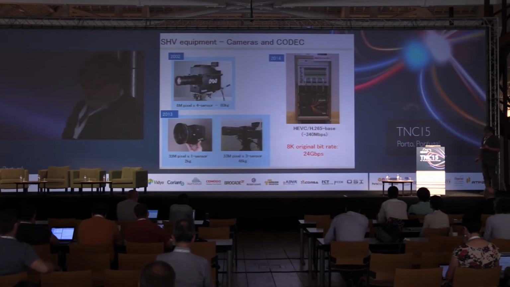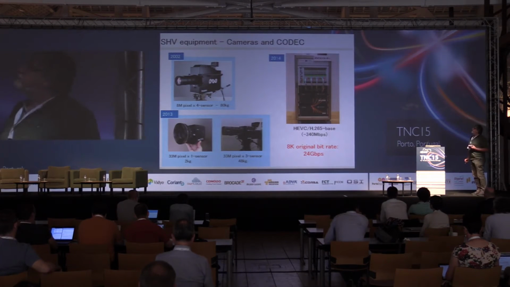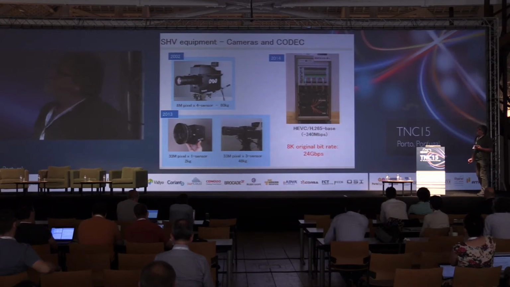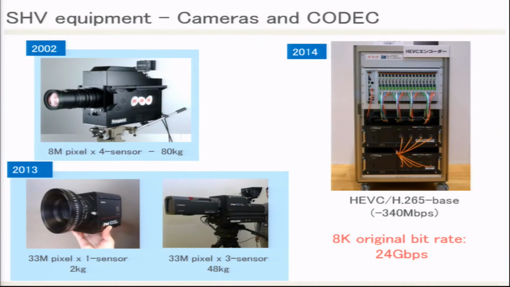Some of the equipment that has been developed: on the top left is the first 8K television camera, which was produced in 2002, and at the bottom, this weighed 80 kilos. The current range of cameras includes a portable one weighing 2 kilos, so there's been a great improvement there, and a larger machine for more regular use for televised events, probably.